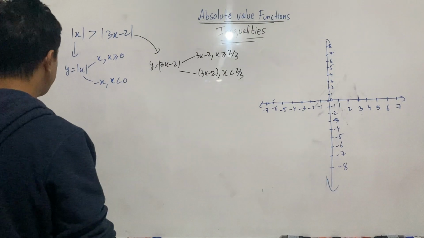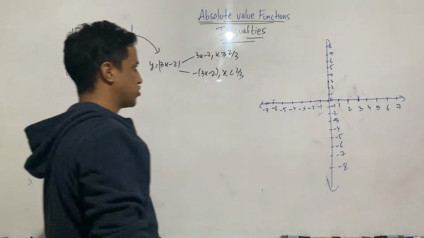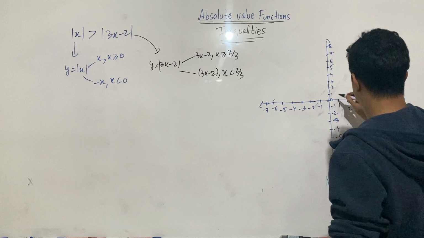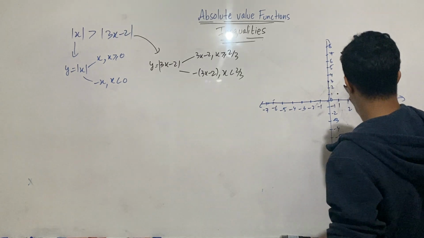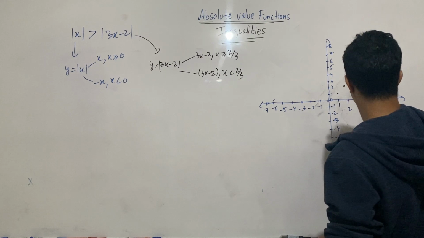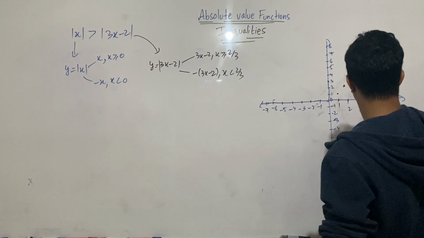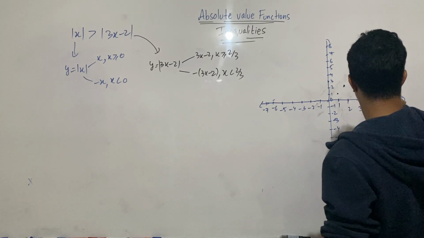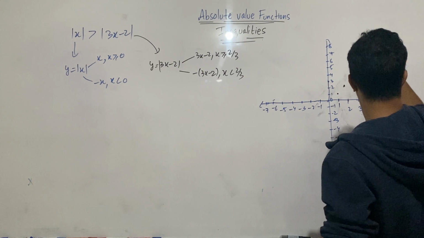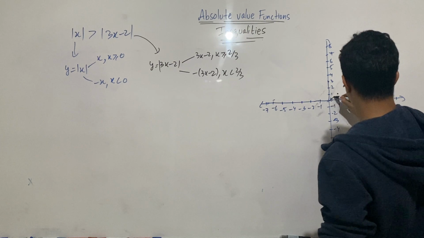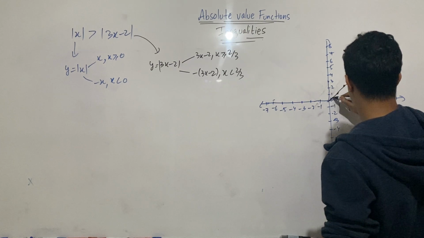So if you plot this one, it's going to be this one, with the axis marked 1, 2, 3, 4, 5, 6. So it's going to be this.